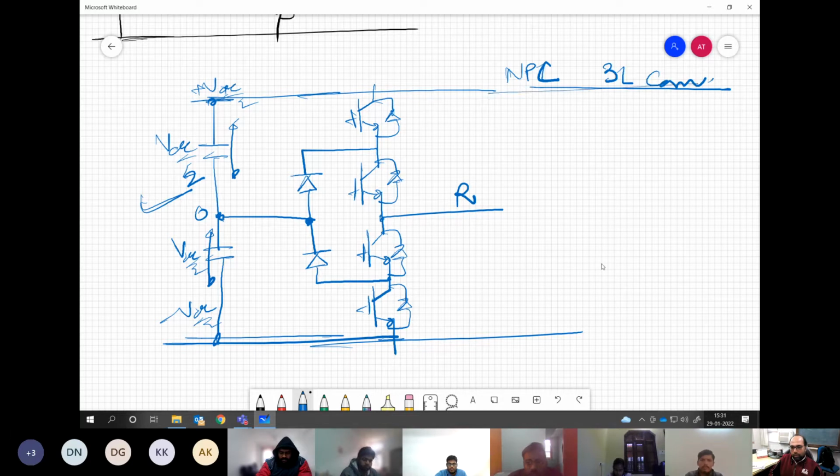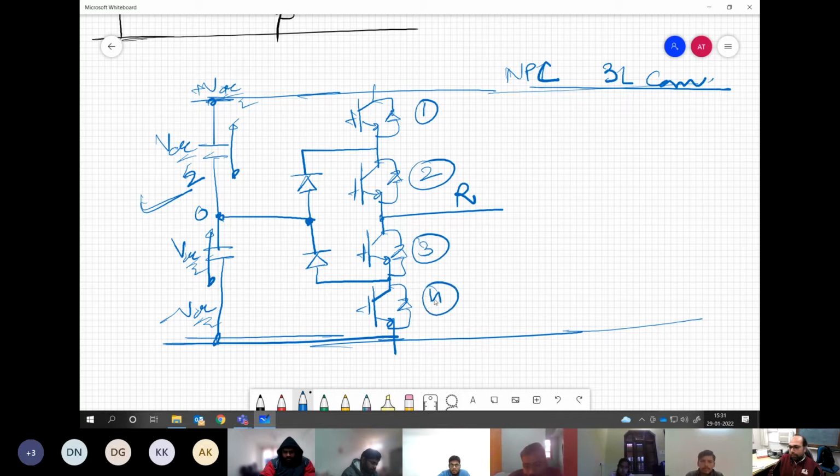You can have more branches, so more phases can be shown over here. Clear? Now, 2 and 2A are merged, so that becomes 2, and 3 and 3A are merged, so that becomes 3. These 4 devices, how they are operated, we have already given in our previous table.